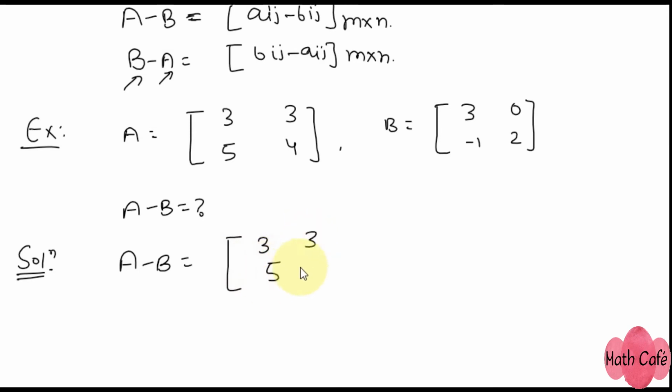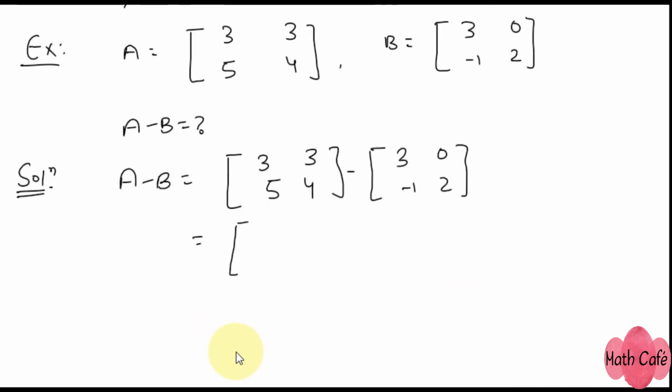That means first matrix A is 3 3 5 and 4, and another matrix B we need to subtract from A, that is 3 0 minus 1 and 2. So we are going to subtract corresponding elements of B from A. So first element will be 3 minus 3.